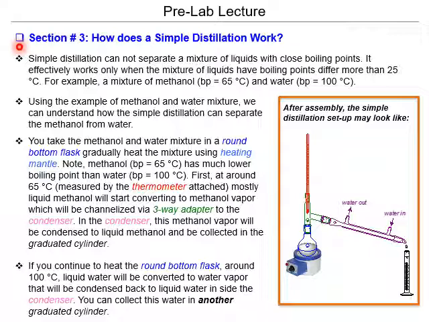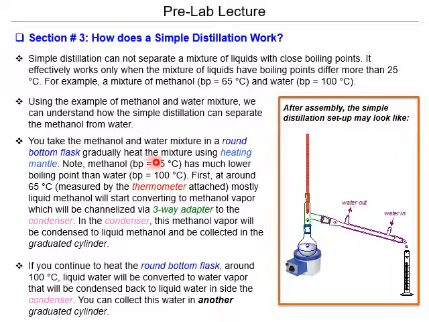So using the example of methanol and water mixture, we can understand how the simple distillation can separate the components. You take the methanol and water mixture in a round bottom flask. Here, you gradually heat the mixture. So often you want to get close to the boiling point of the first one, methanol, and then gradually increase around it.